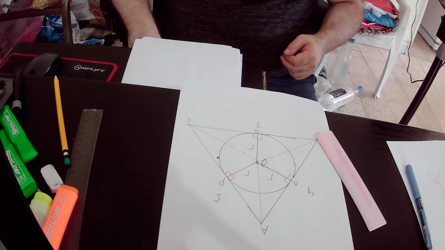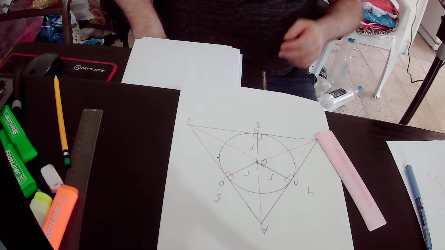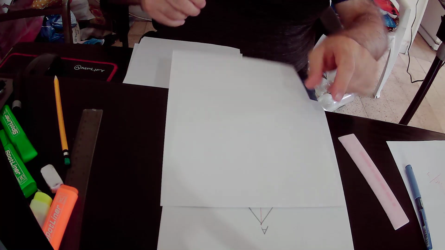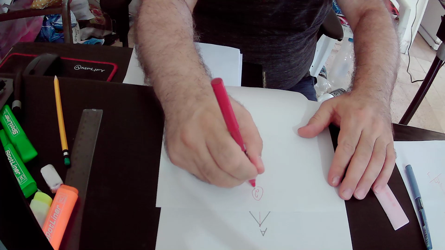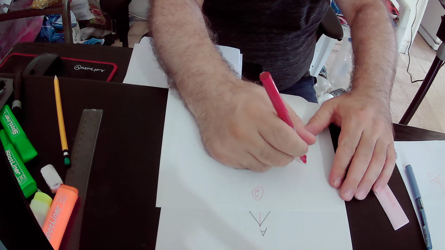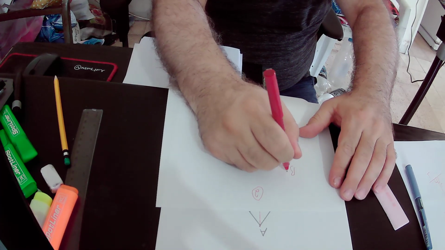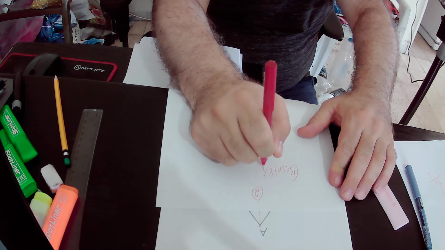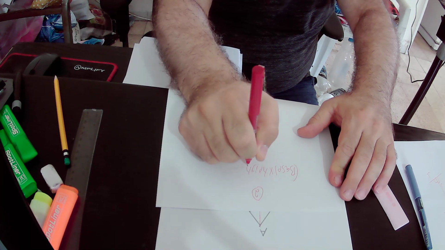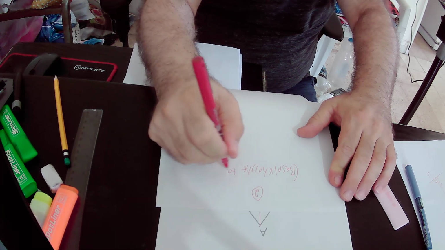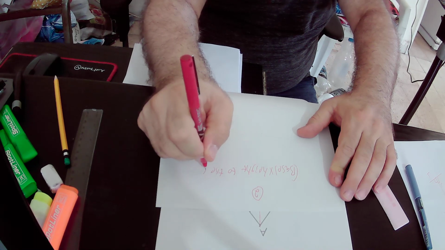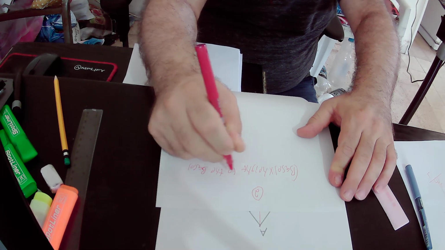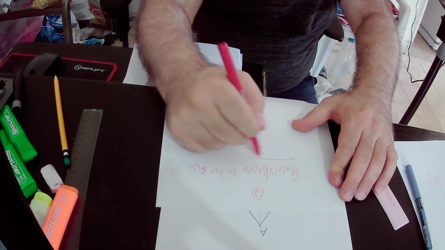Actually, the formula for the area of any triangle is: the area of any triangle equals the base of the triangle times the height to the base, divided by 2.